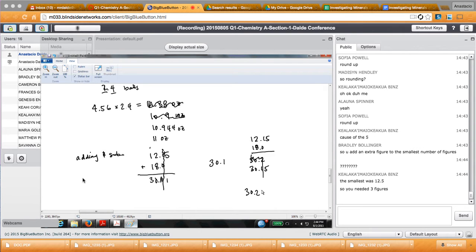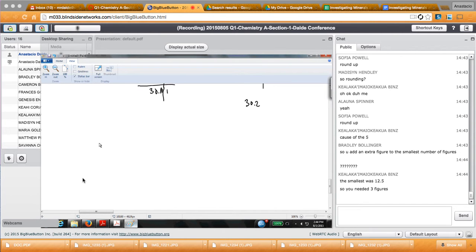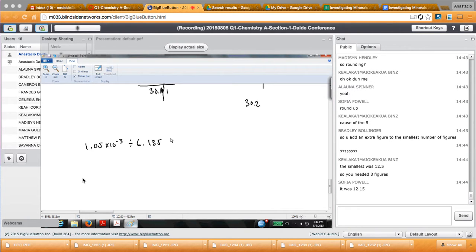All right, let's do this. What is 1.05 times 10 to the negative 3 divided by 6.135? Here's what I would do: 1.05 divided by 6.135. Use your calculators and tell me what that is.